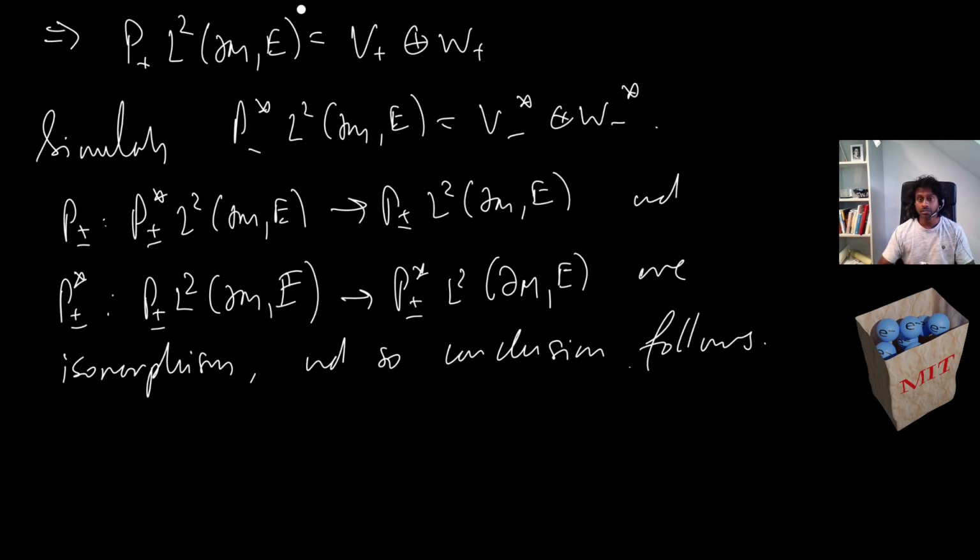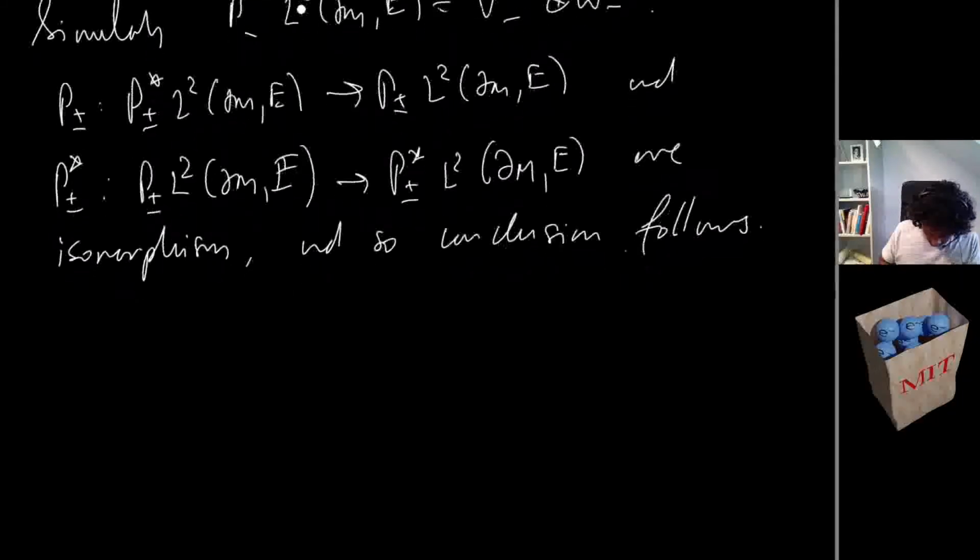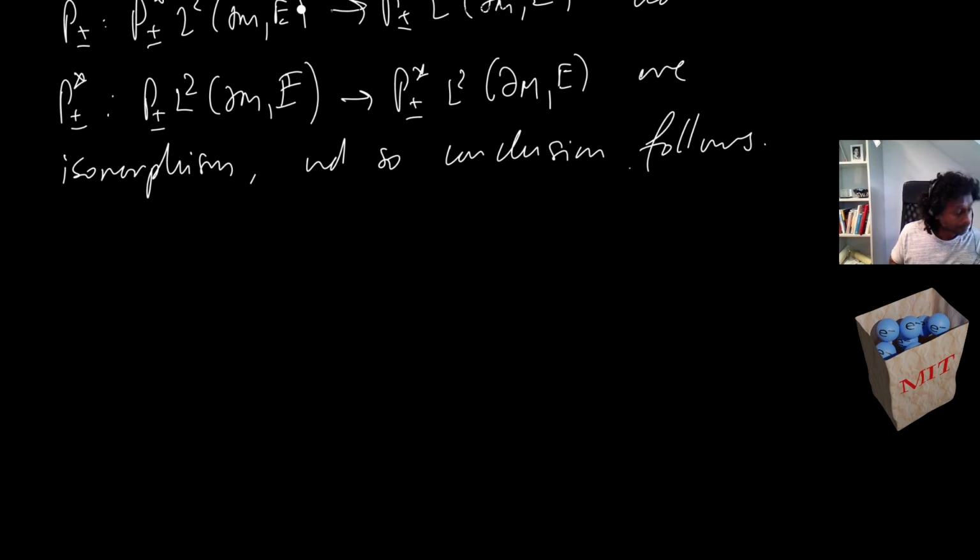So this is the first key proposition we need in the proof. Any questions so far, before we move on to the next one? I think we can do the next one in the next 15 minutes. Okay, if not, let's move on.